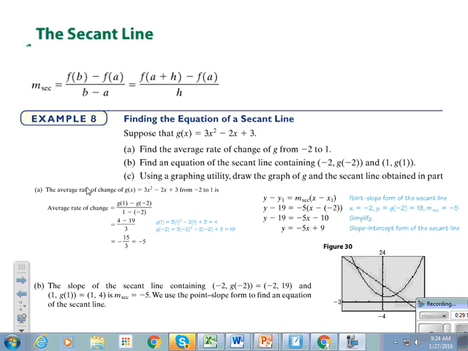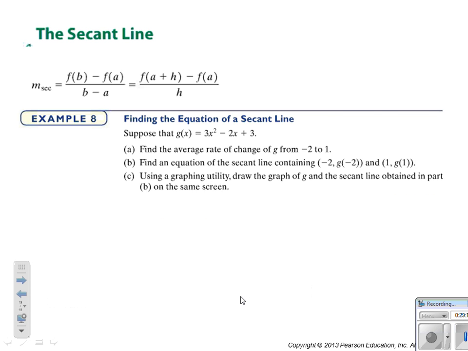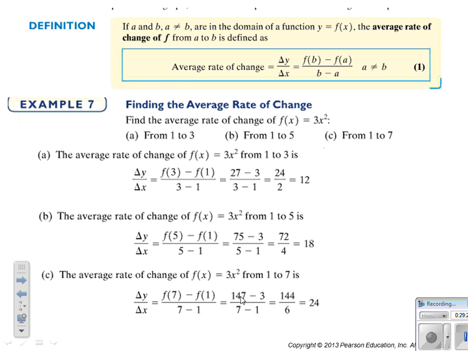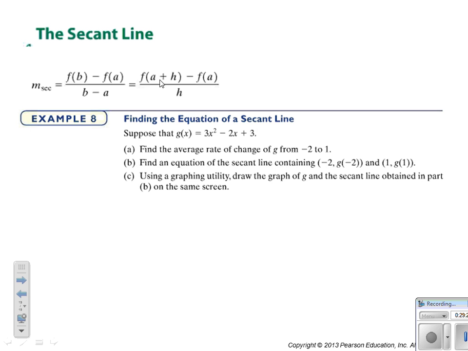That's our average rate of change function, but we're going to change it up just a little bit, and we're going to say f of a plus h minus f of a, so we're replacing b with a plus h, divided by h. So write this part down. And all we're going to do is apply our function operations and plug them into this secant line formula.